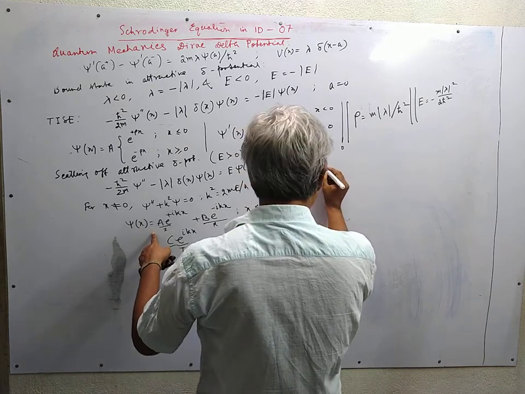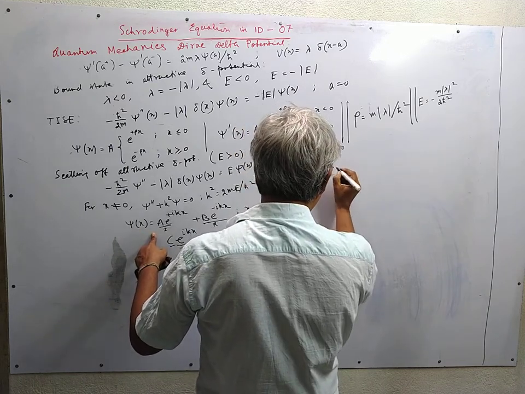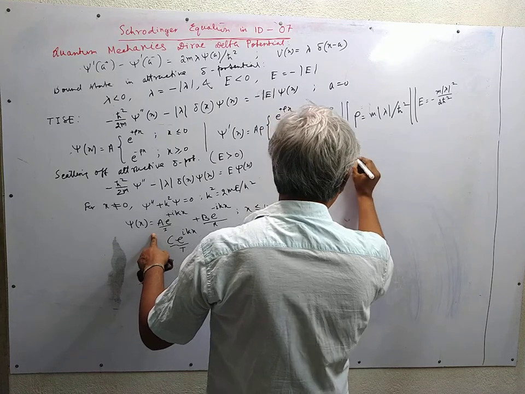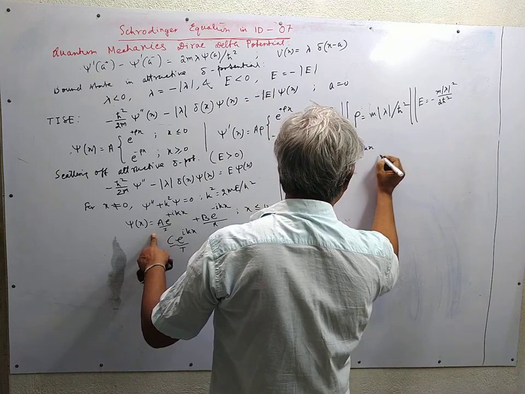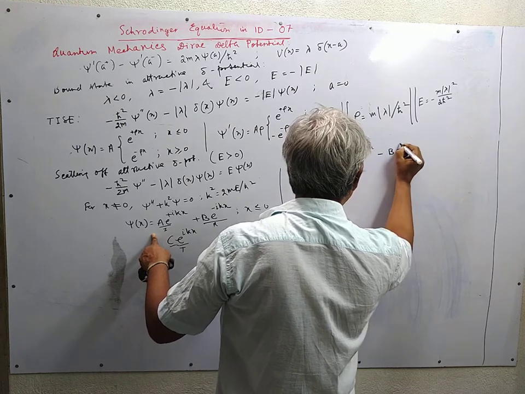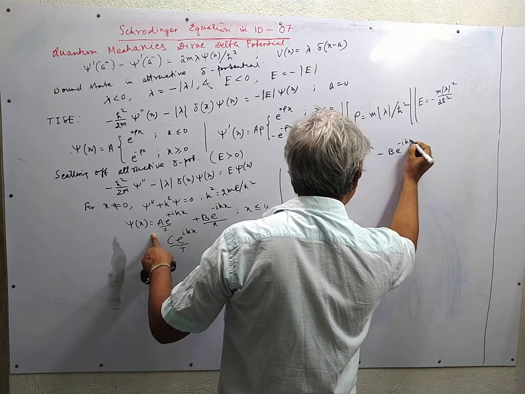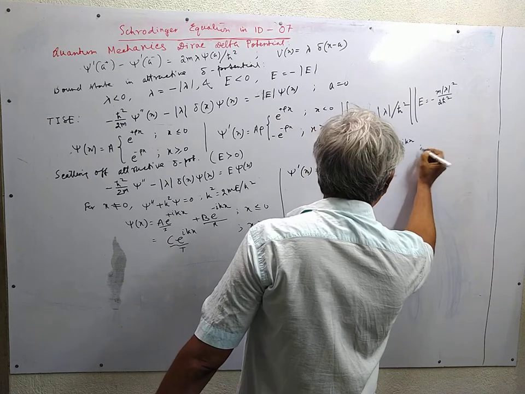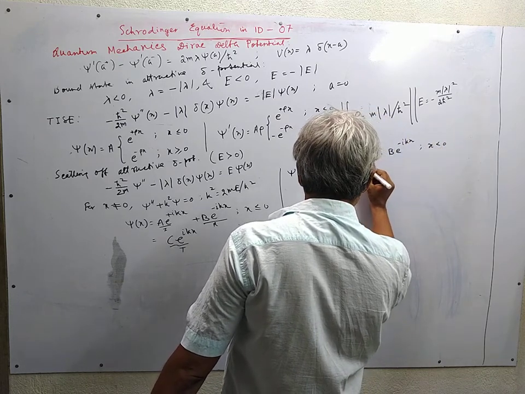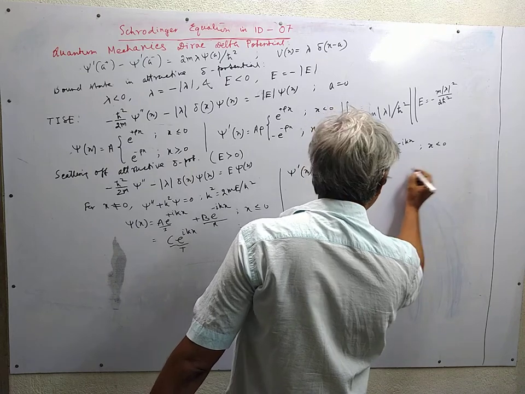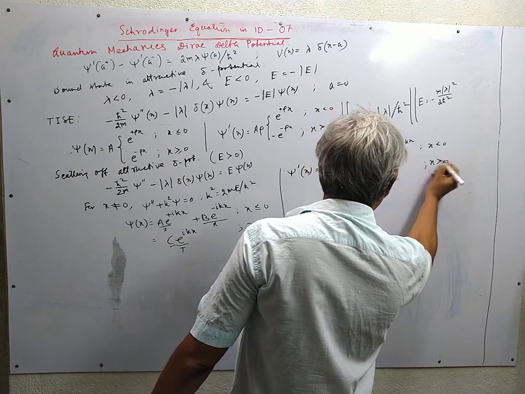This is ik a e to the power ikx minus b e to the power minus ikx for x less than 0, and this is c e to the power ikx for x greater than 0.